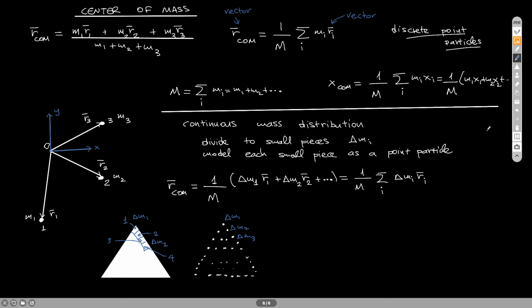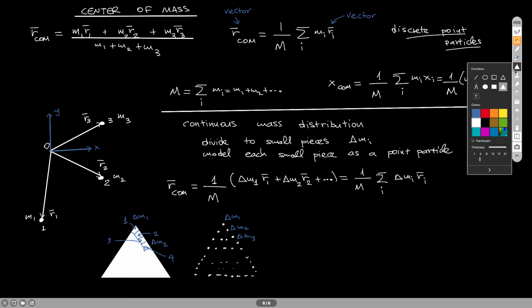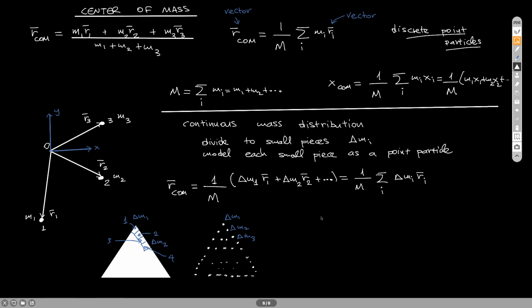So imagine, let's see if I can show you that. Imagine that instead of taking that huge piece, I have this tiny one, and I have another tiny one, and I have another small one, and so on.